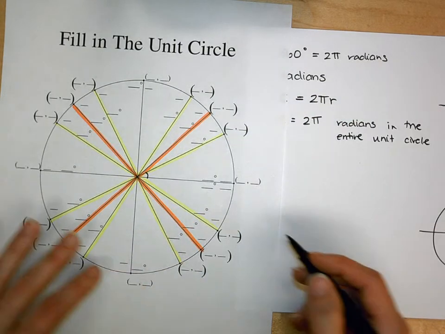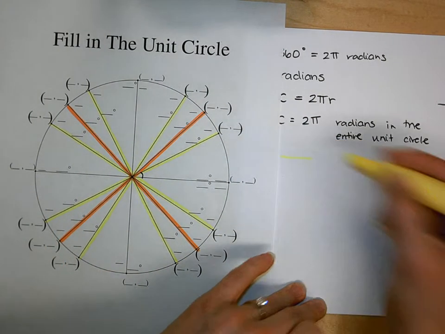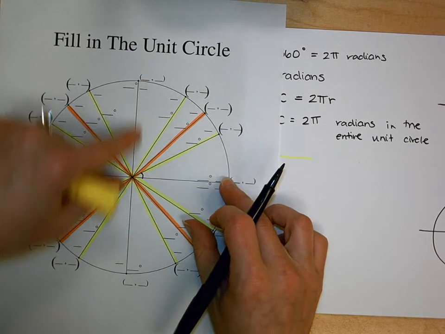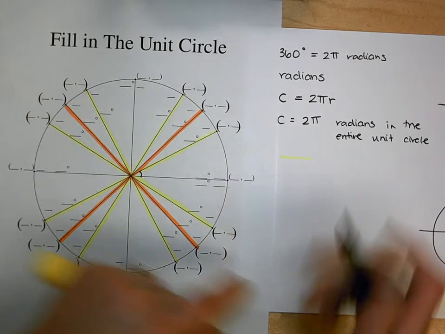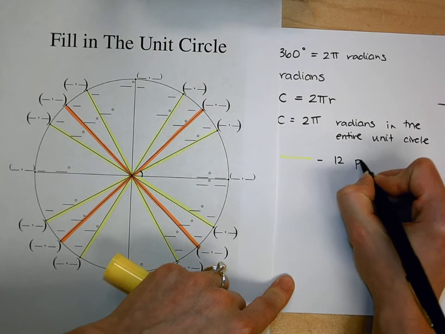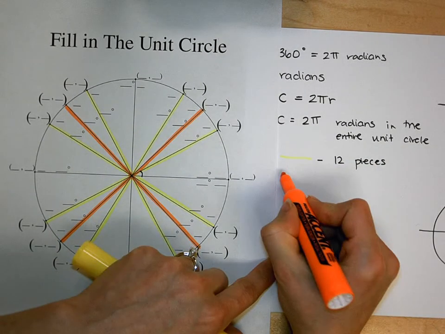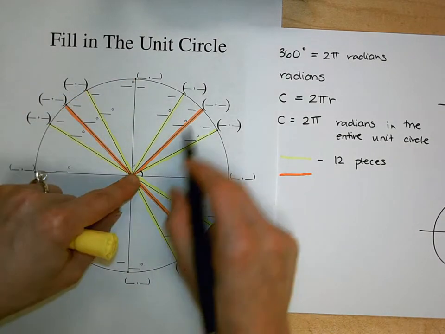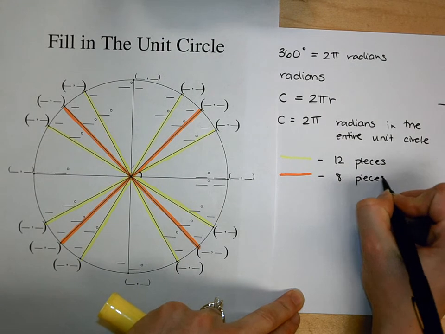Notice that with the yellow one, this first wedge is split into 3 pieces, so we've split the entire unit circle into 12 pieces. If we look at the orange one, we split each quarter of the circle into halves, so that would give me a total of 8 pieces.